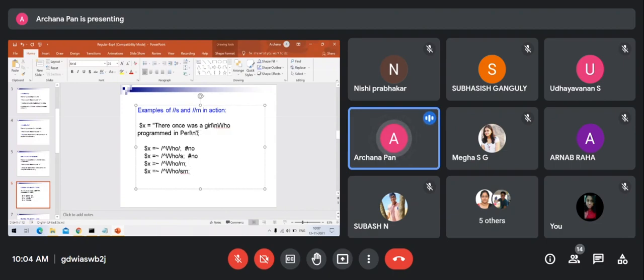It will be considered as multiple lines, and "who" is at the beginning of the second line, so it will match. That is the rule of the m modifier, and with s and m together it will also match.